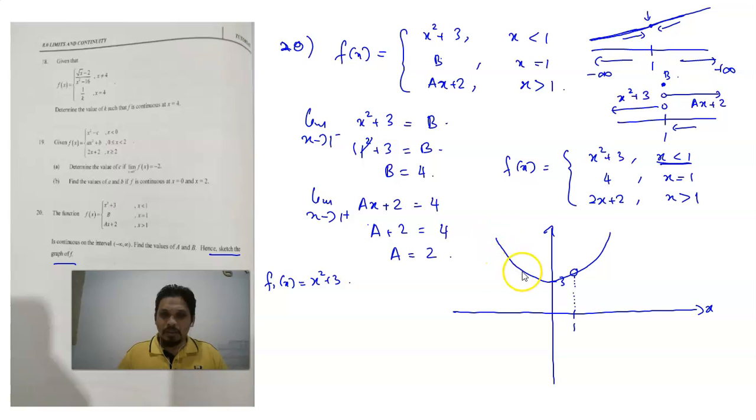This is the whole graph of x squared plus 3 for the domain from negative to positive infinity. But once we limit the domain to x less than 1, it's just part of this graph, beginning from here.